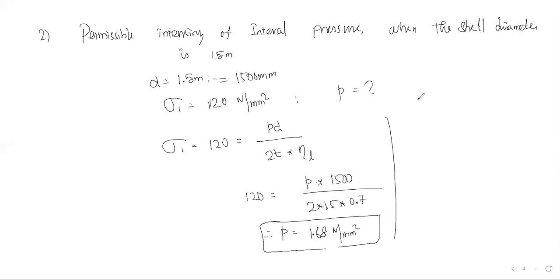Then with respect to sigma 2 is equal to PD by 2T into eta C. So here 120 is equal to P into 1500 divided by 2 into 15 into 30 percentage. Sorry, here the formula is 4T. So P is 1.44 Newton per mm square.